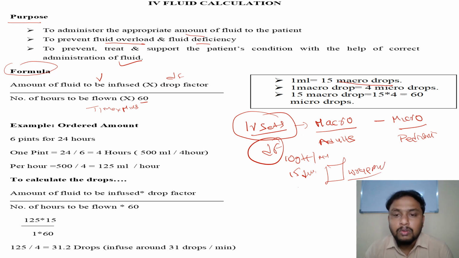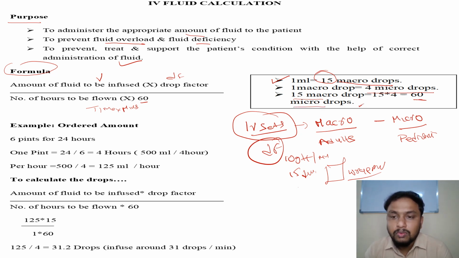Now we will see how many drops per ml can be delivered by the IV set; that is called the drop factor. Usually in adults, with a macro drop set, 1 ml equals 15 macro drops. Generally we consider this, and 1 macro drop equals 4 micro drops, which means 15 macro drops equal 60 micro drops.